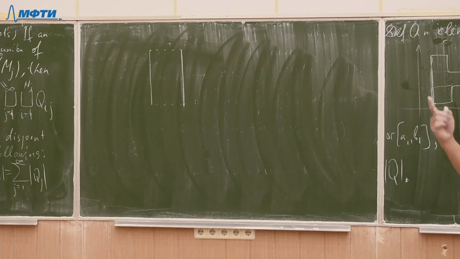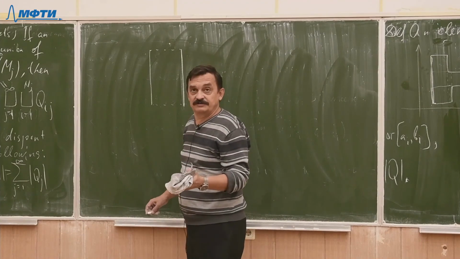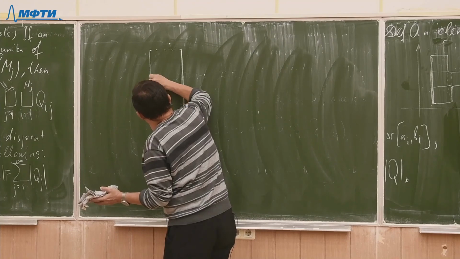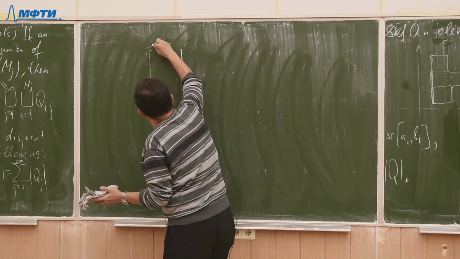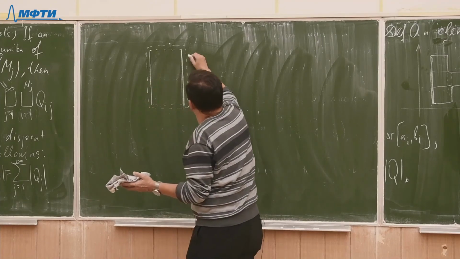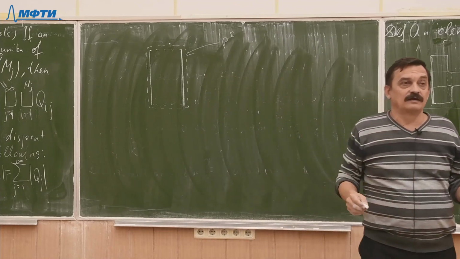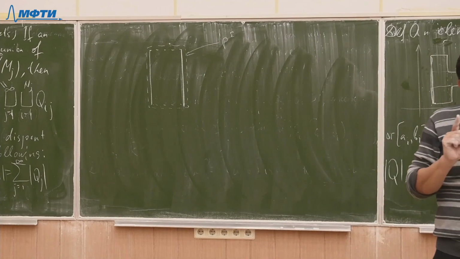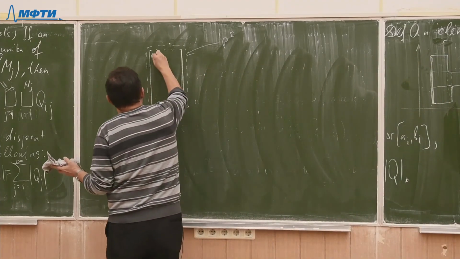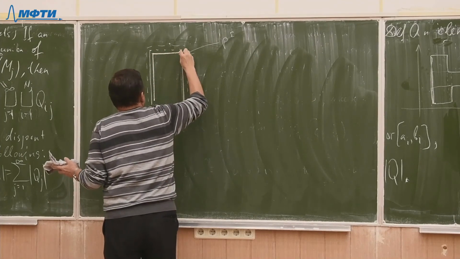For the epsilon enlargement, I consider a slightly larger rectangle, like that. That is p epsilon, and it is open. The epsilon contraction is inside, like that.